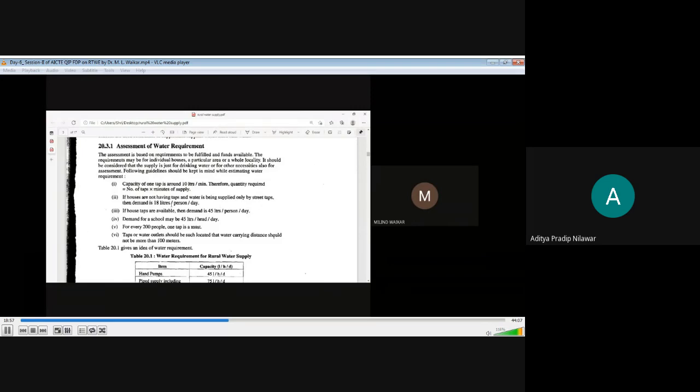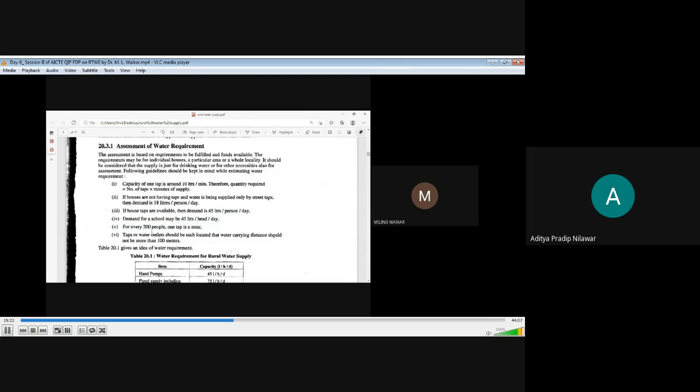Now, if taps are available, then we will take the demand as 45 liters per person per day. This is usually standard. This is simply enhanced to 60 liters actually. Then, if there are certain public systems like school or dispensaries, etc., for that also we take demand as 45 liters per head per day.